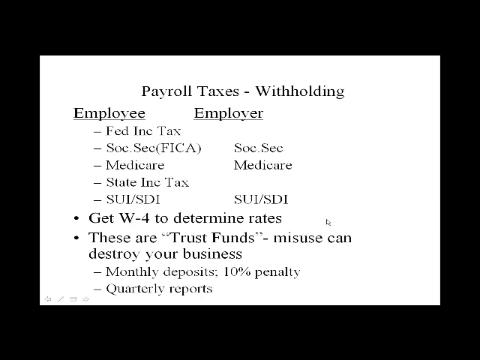When an employee comes to work for you, they fill out a W-4 form, and you've probably done that, that says how many exemptions you want taken out for tax purposes, whether it's just you, you and 2 kids, you and a spouse, and so forth. Now, it's important to realize that these payroll taxes are trust funds.